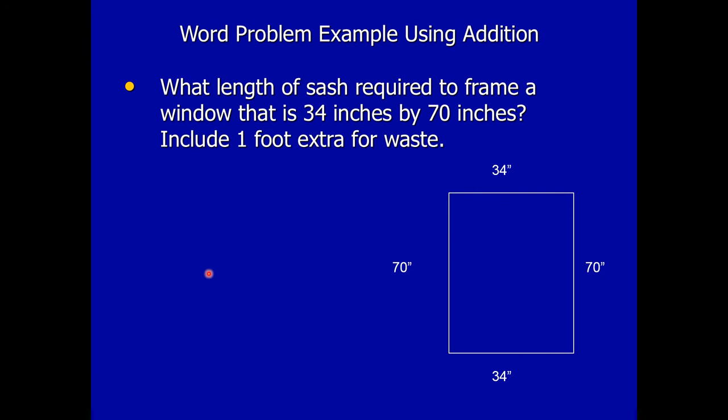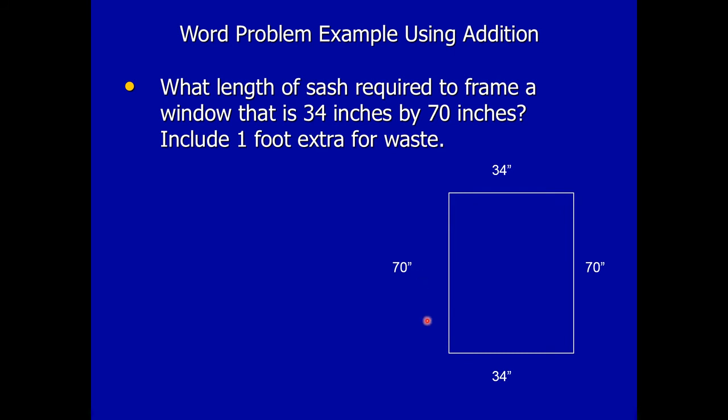Now, just using these ideas, let's look at a real life problem that we can solve using addition. For an example, we have a question here. What length of sash is required to frame a window that is 34 inch by 70 inch? Now let's say this is a window, okay? And we also have drawn the window.